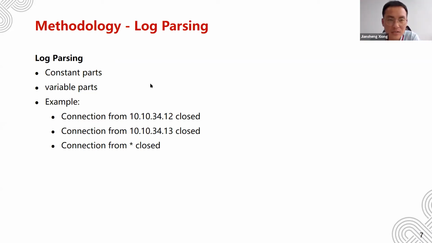Okay, the constant part is in this example. The constant part is words like connection, from, and closed, and the variable part is the IP address. Because in our code, the developers write these words like connection, from, and closed in the source code, but the IP address will dynamically change when we run the code.